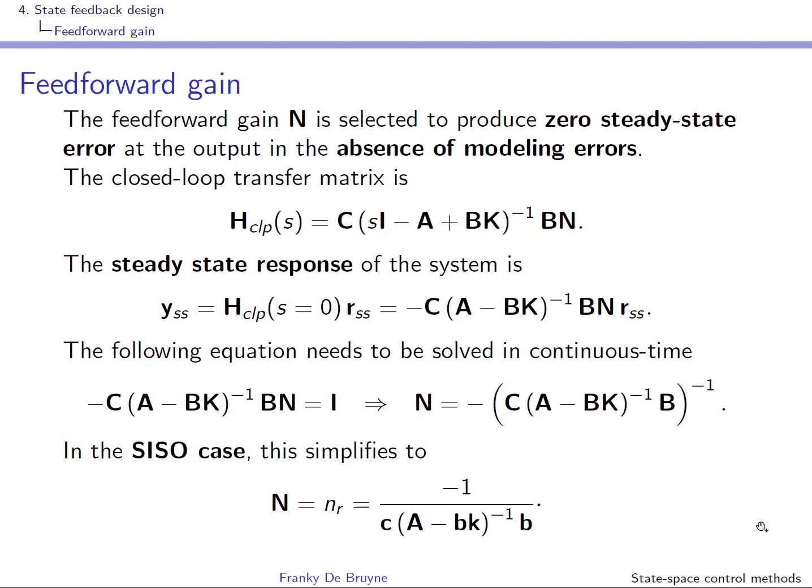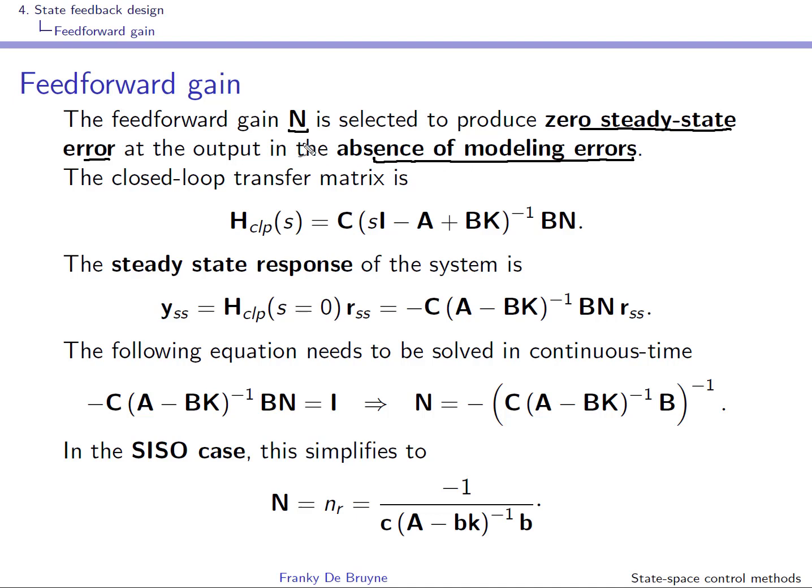We've just seen how you can compute the feed-forward gain N in order to produce a zero steady state error. That is, that the steady state response follows the reference signal. As you can see, this is only in the absence of modeling errors.